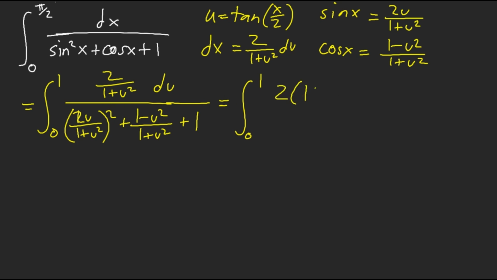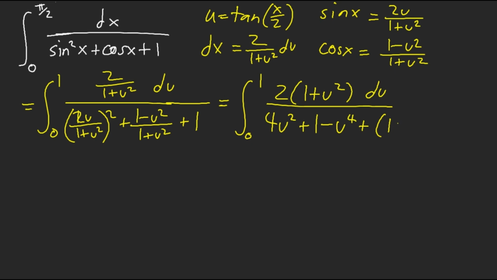So now we have 1 plus u squared here. That's 4u squared. 1 minus u squared times 1 plus u squared is 1 minus u to the fourth. And then plus 1 plus u squared squared. So that's 1 plus u to the fourth plus 2u squared.